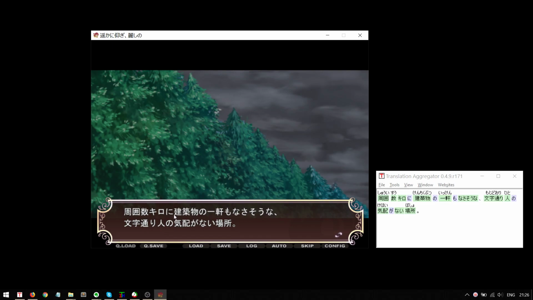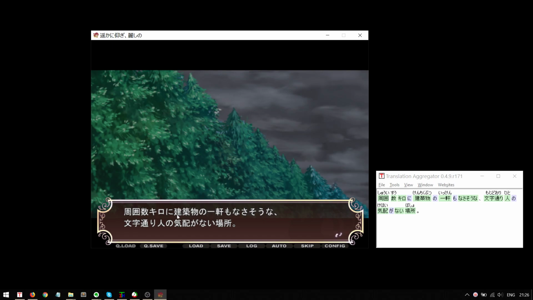周囲数キロに構築物の一見もなさそうな、文字通り人の気配がない場所。Here, I can work with this. So, 周囲 is the surroundings. Kilo is a kilometer. So, 周囲数キロ is a few kilometers in the surroundings. 建築物 means building. 一見 also means a building, but it's actually a counter.